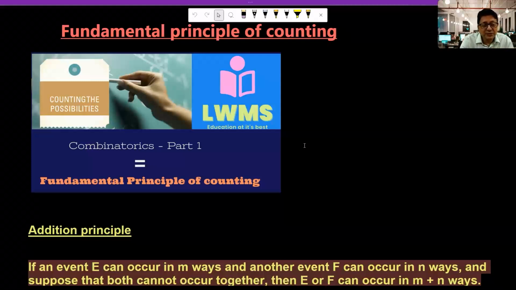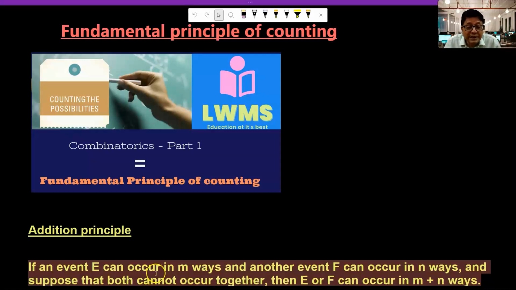So already I told you about two principles in the fundamental principle of counting. The first one is the addition principle. The second one is the multiplication principle. I am talking about the occurrence of two events.